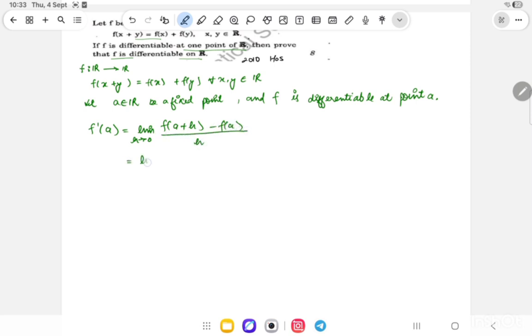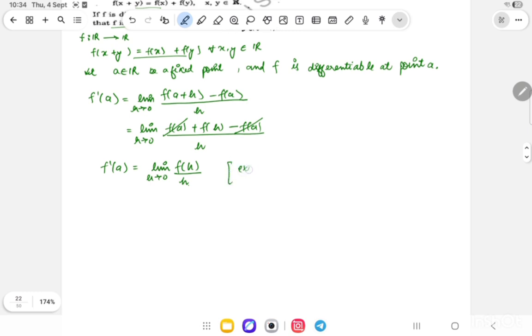On f(a plus h) I can use this definition, so I'll get f(a) plus f(h) minus f(a) upon h. This f(a) balances out, so my f dash a is equal to limit h approaches 0 of f(h) upon h, and this limit exists because we have assumed that f is differentiable at point a.